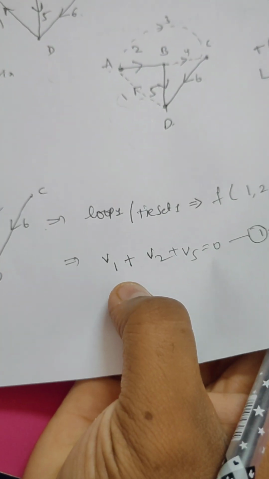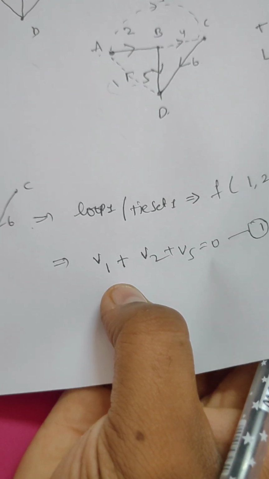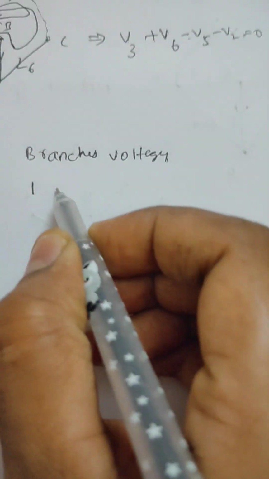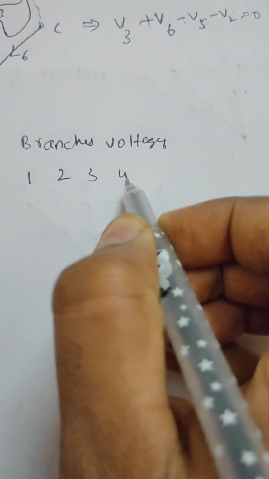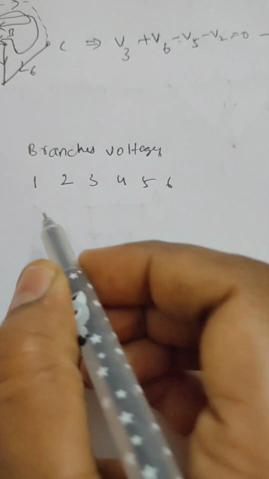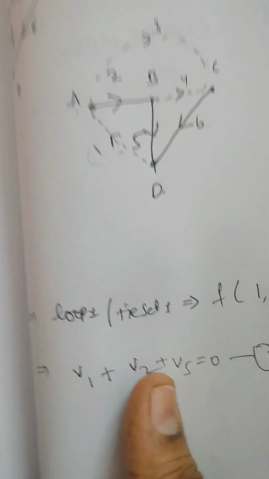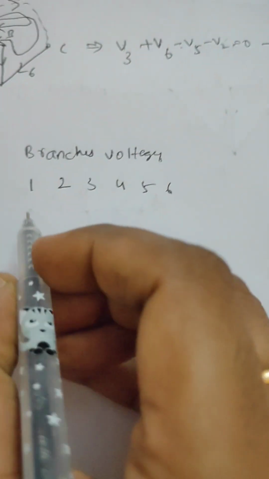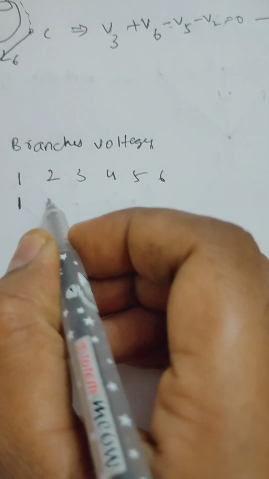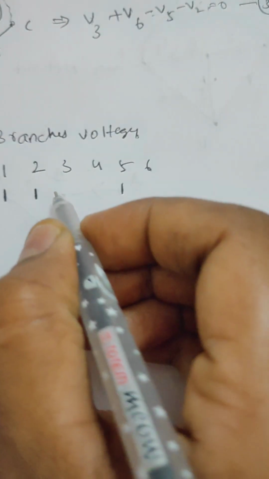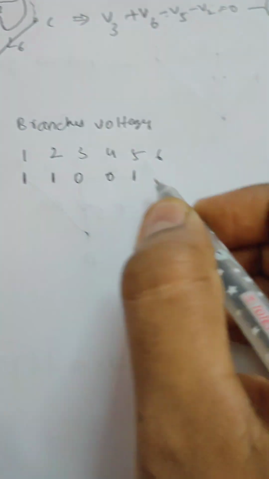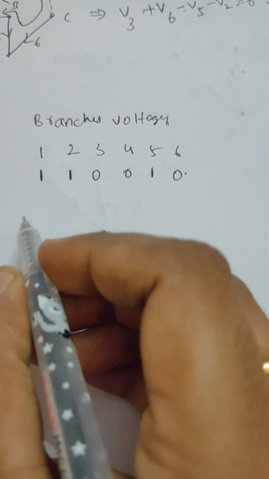For loop current I1 we get V1 plus V2 plus V5. The branches are 1, 2, 3, 4, 5, 6. So for I1, V1 is positive 1, V2 and V5 are marked, and the voltages not associated are 0.